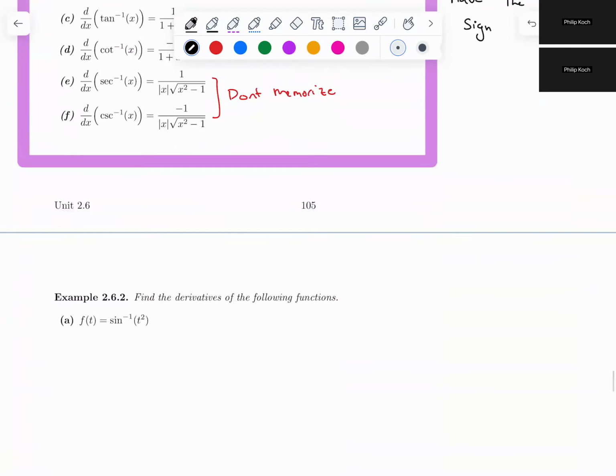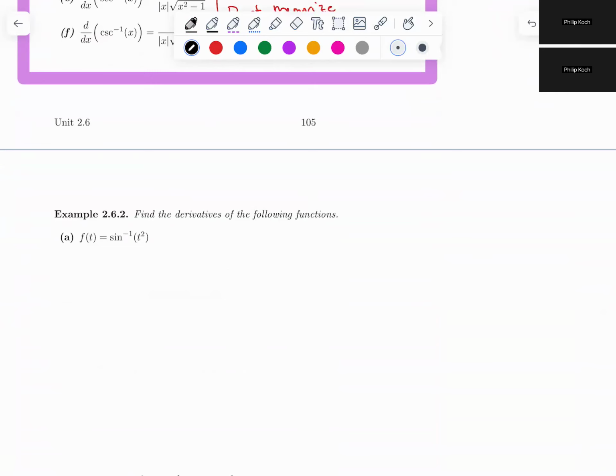So find the derivatives of the following functions. Now that we know those ones, we can still just do exactly what we've been doing: finding horizontal tangent lines, finding tangent lines in general, finding second order derivatives, all that jazz. So f of t is equal to sine inverse. By the way, for my class, I use that notation instead of the arc sine notation.